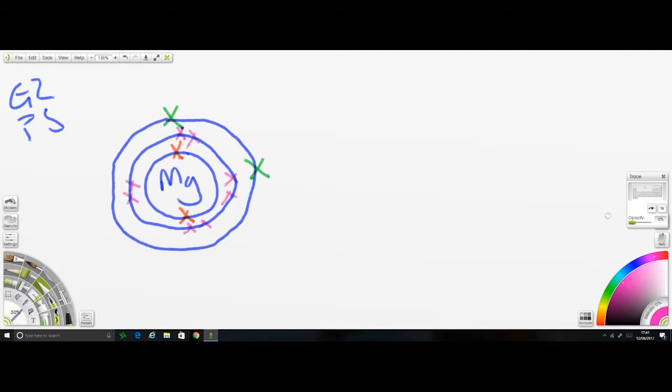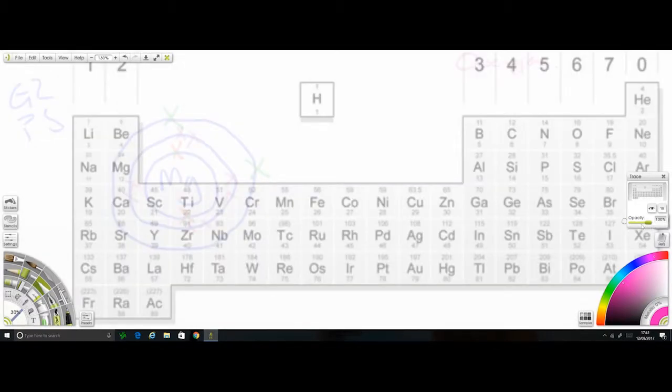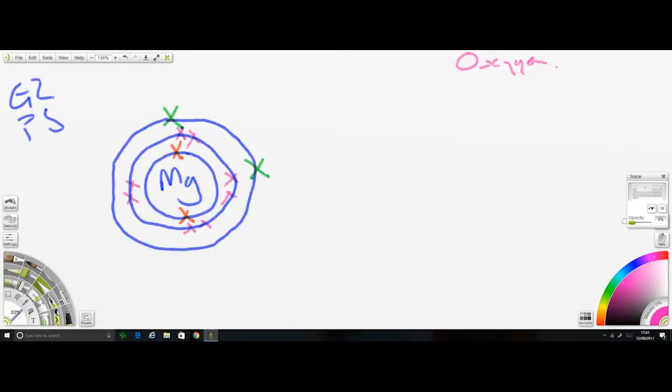And now what are we doing it with? We're doing it with oxygen. So I'm going to write oxygen over here, which is in group 6, period 2. So group 6, I'll make a note of that. Group 6, period 2. So it's in period 2. Now with oxygen I'm going to write ox, because otherwise I'll get confused with this circle.